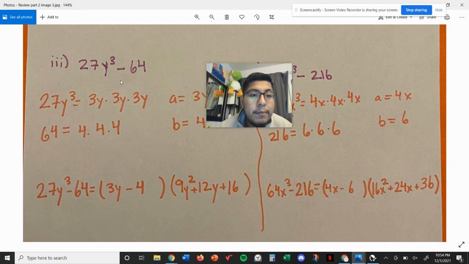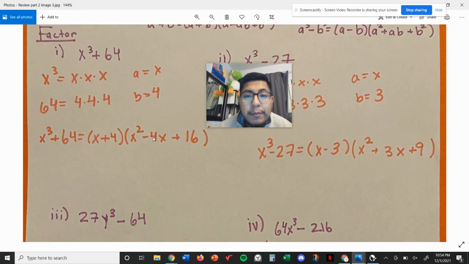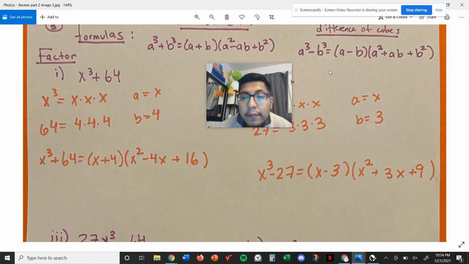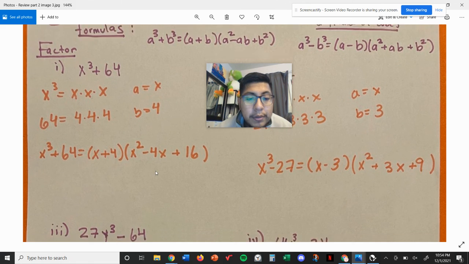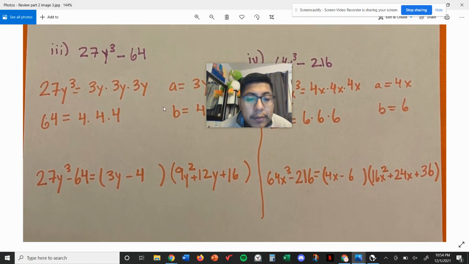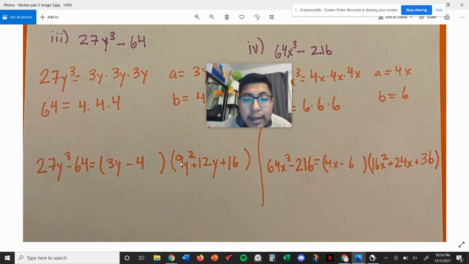It's minus, so I'm using the difference of cubes formula. So this would have been 3y minus 4 times 9y squared plus 12y plus 16. 3y times 3y is 9y squared. 4 times 4 is 16. In the middle, I think you're comfortable with that one.